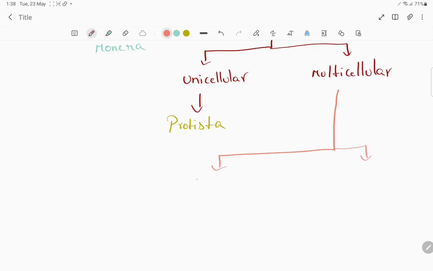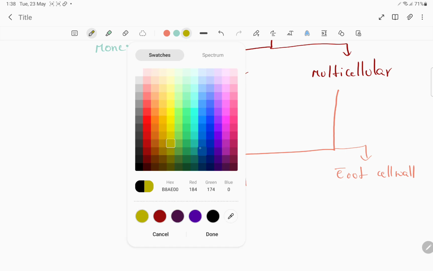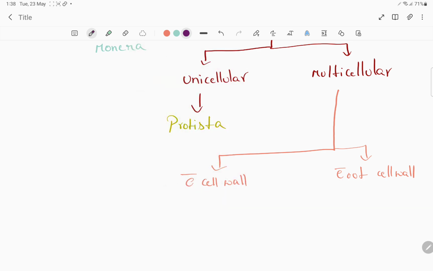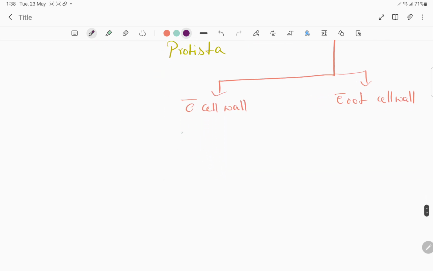One is with cell wall, and the other without cell wall. Coming to the very first, with cell wall, we have again two categories: phototropic and heterotropic.